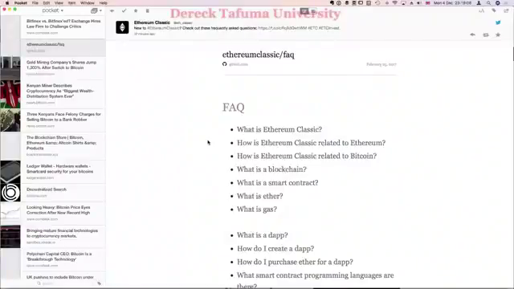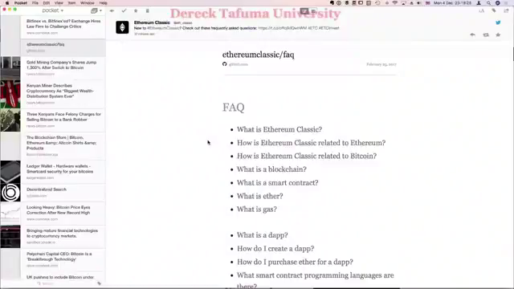Today, as always, I want to go through something. A lot has been said about Bitcoin and blockchain, and I've always been talking about these things, but there's also a platform called Ethereum Classic.